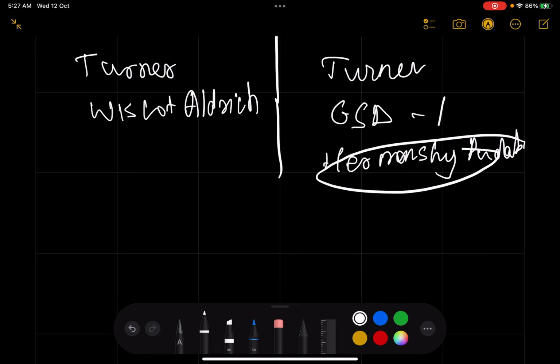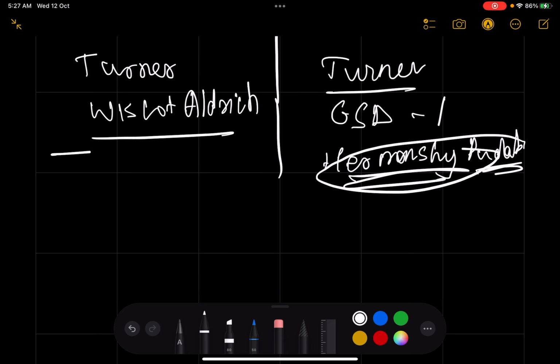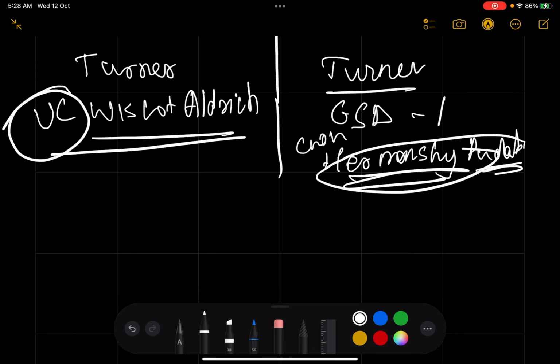You can see a granulomatous colitis also because of the granulomatous inflammation in this Hermansky-Pudlak syndrome. Turner is common in both. In UC, you have Wiskott-Aldrich. In Hermansky-Pudlak, you have Crohn's. Similarly, in the GSD, Crohn's.